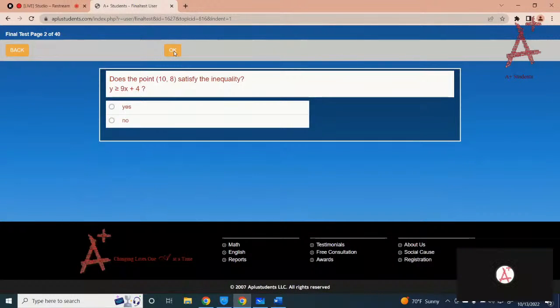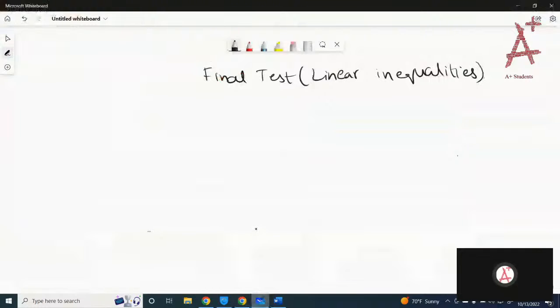Does the point 10, 8 satisfy the inequality? Okay, the point is 10 and 8 and the inequality is y is greater than equal to 9x plus 4.